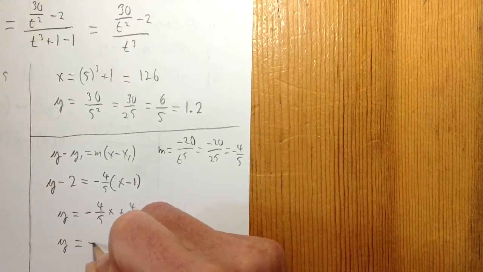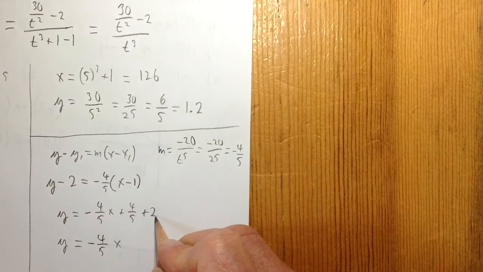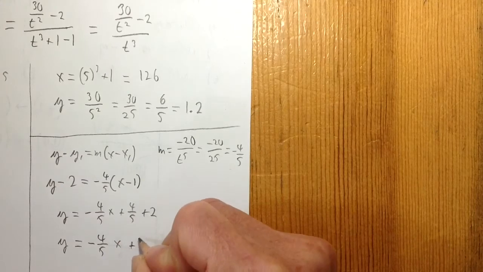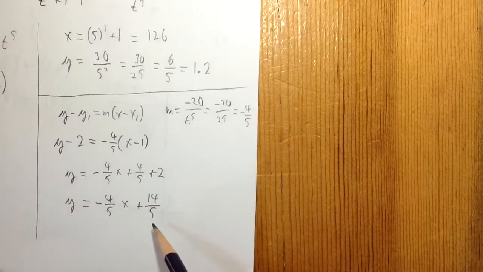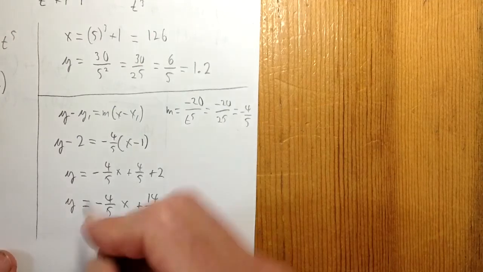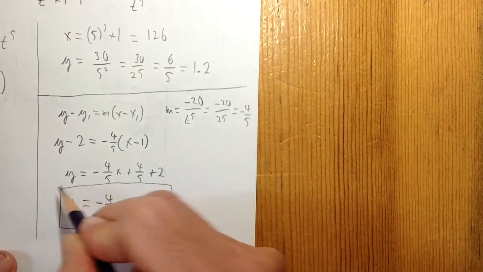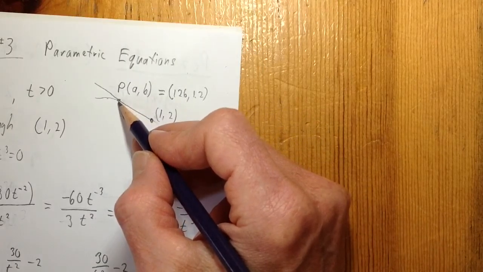So negative 4/5 x plus 4/5 plus 2, we could say that's 10/5, so 14/5. So plus 14/5, we could say that's 2 and 0.8 or something. Anyway, lots of ways to say that. But that is our line that goes through the point 1, 2 and is tangent to the curve.